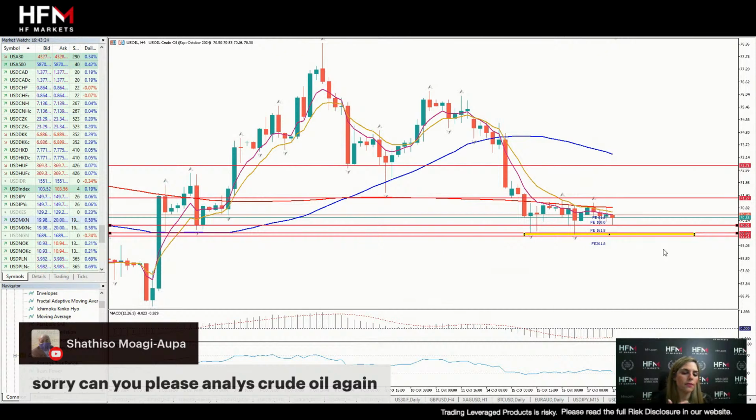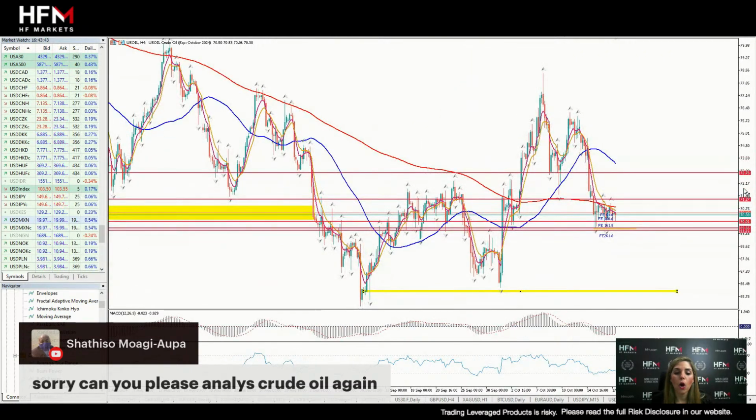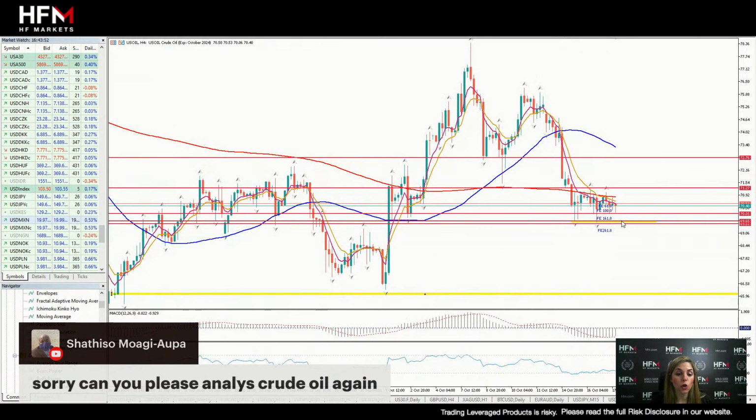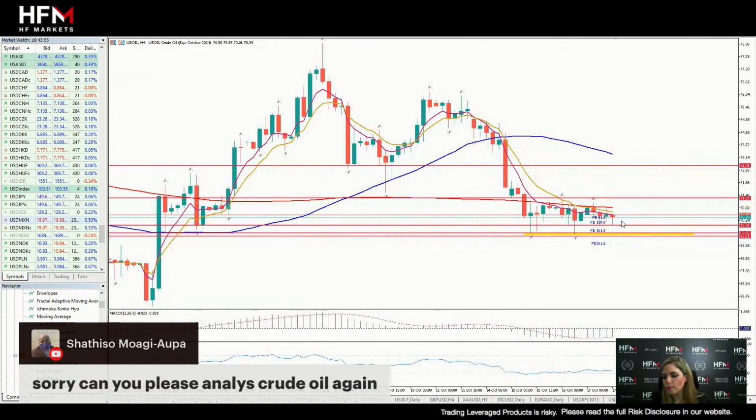Momentum is negative, RSI is negative, and fundamental factors are negative for oil. A confirmed breakout of this support could open the doors lower to the 66 level or even 65. But as long as we don't have a breakout of this key support level, which has been holding for the whole of October, the asset is expected to continue sideways.